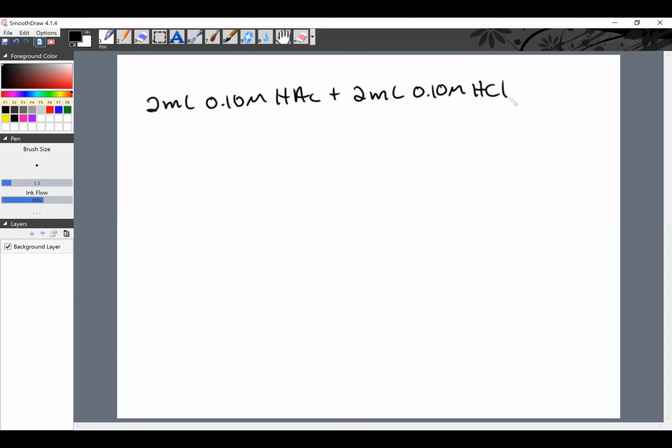Step number 1, I have to have an equation, and so I'm going to go with my weak acid. Did I add anything to it? Yes. Don't care about the chlorine. I added protons to it. Now 2 mils and 2 mils, I have diluted both of them to 0.05 molar.